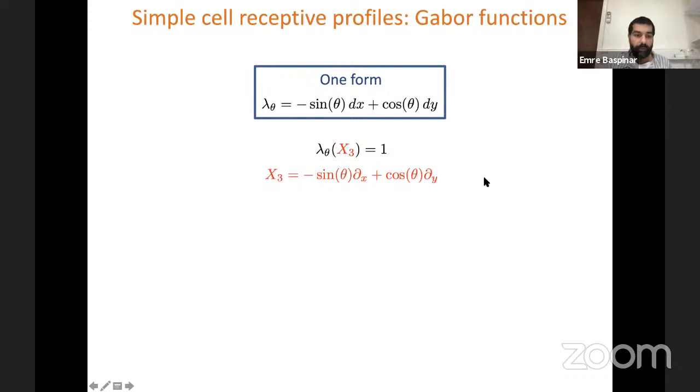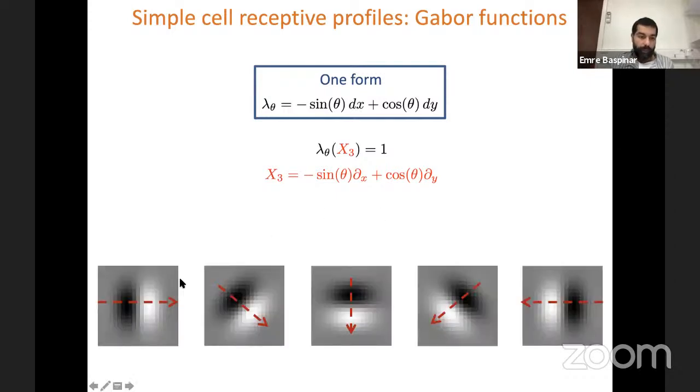So what's the particularity of this vector field X3? Well, it's the vector field which is in the direction of the maximum gradient direction of the receptive profiles of the Gabor functions.